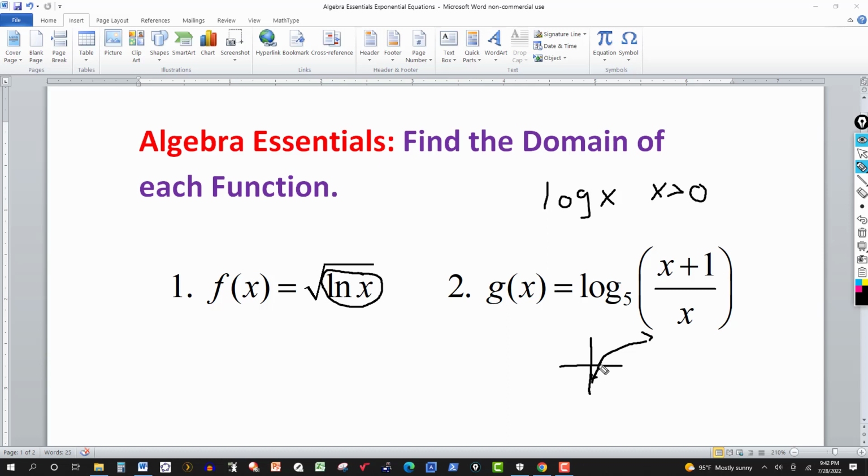Now we notice in the graph, if it's larger than 1, then it's above the x-axis. Then this natural log of x would be positive and you're okay. So in this case, the domain would equal the set of all x such that x is greater than or equal to 1.